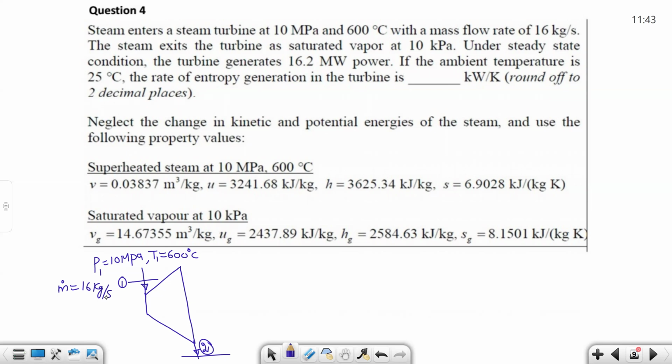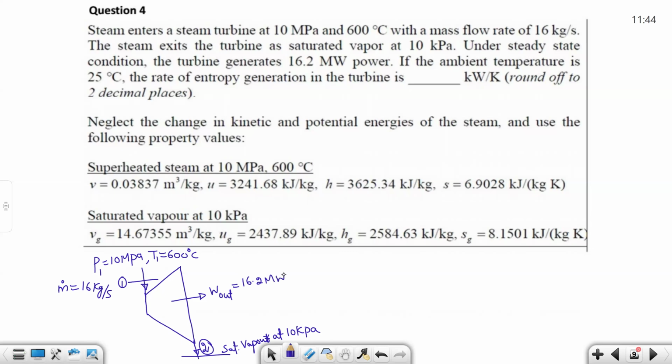The steam exits the turbine as a saturated vapor at 10 kPa. So under steady state condition, the work output of the turbine is 16.2 megawatt.